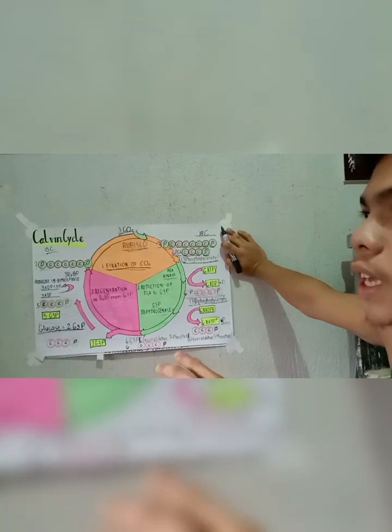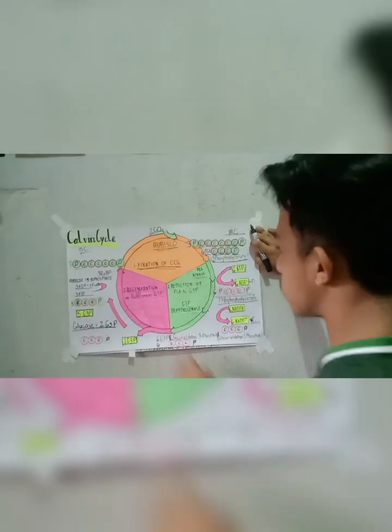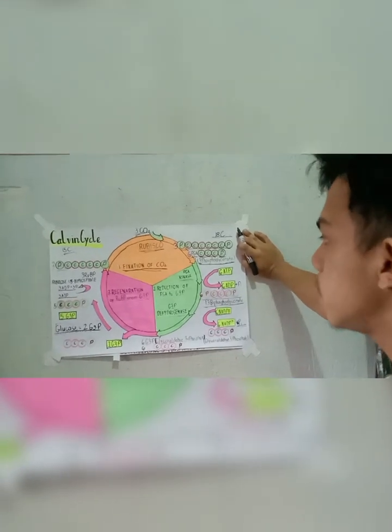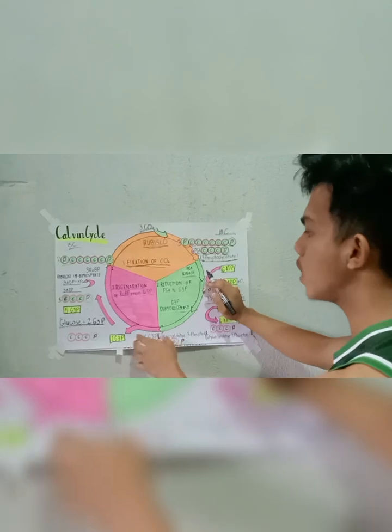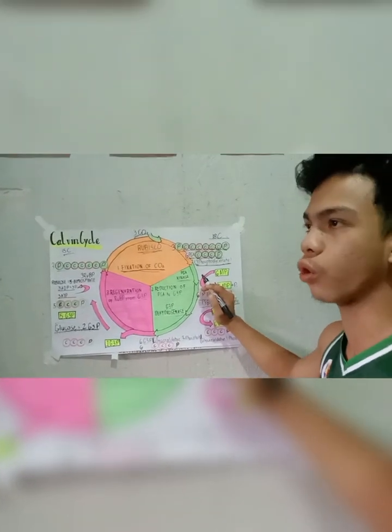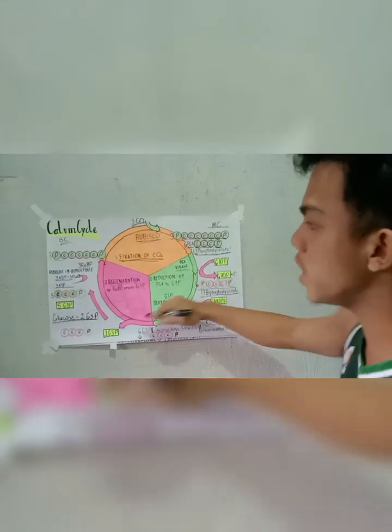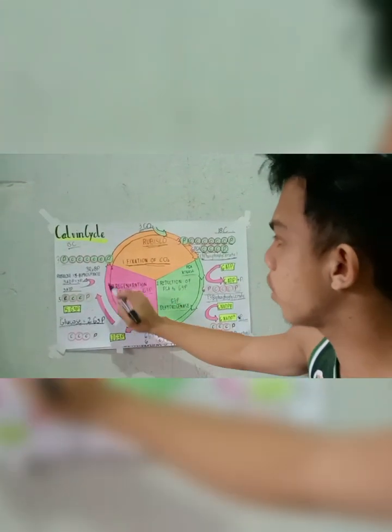So now we're gonna tackle the next stage, the regeneration of RuBP from G3P. Since we have 6 G3P, 1 G3P will go out and is used to create glucose. The remaining 5 will go on to regeneration and turn into RuBP.